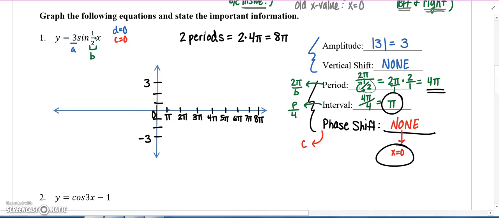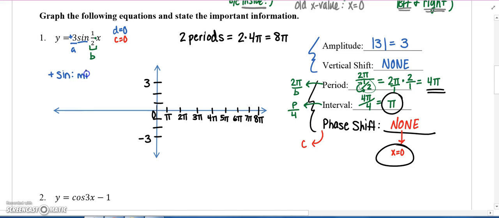So in order to figure out how to start, again, I know I'm starting here, x equals 0, but now I need to know if I'm starting in the middle, at the max, or at the min. Well, to figure that out, we need to know if we have a positive or negative, sine or cosine. Well, since 3 is positive, and this is a sine, we have positive sine.